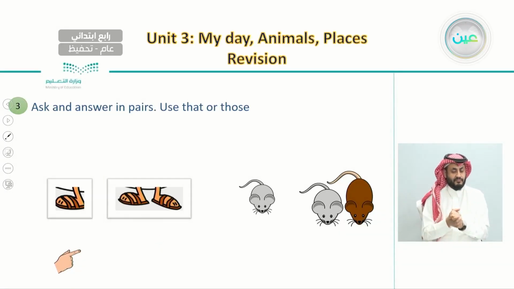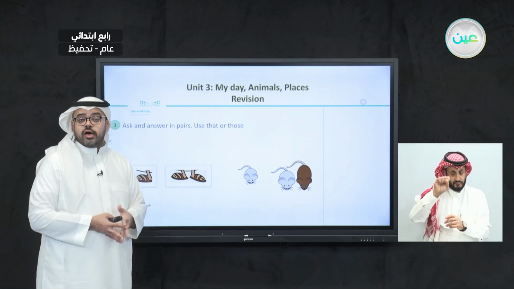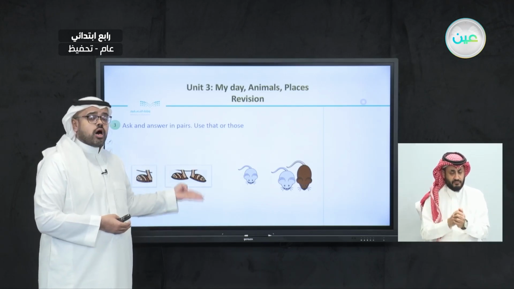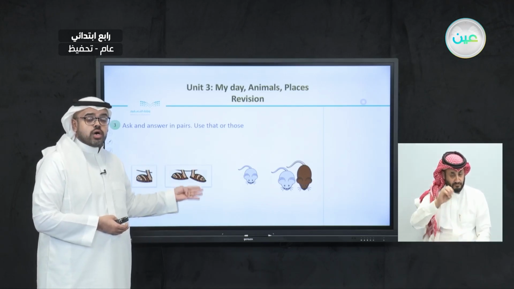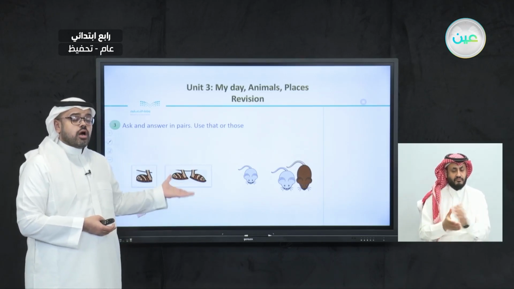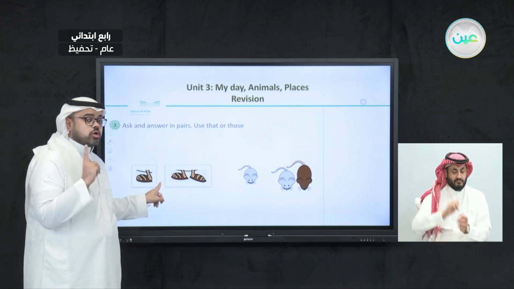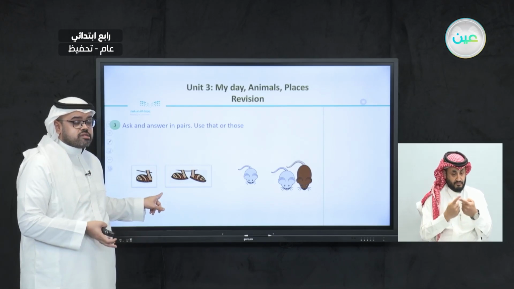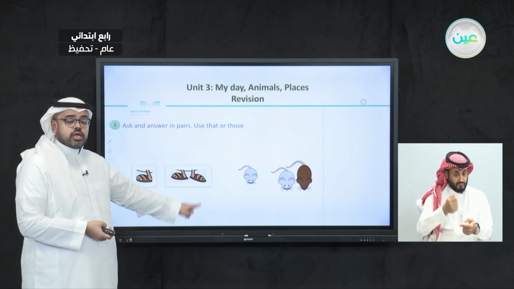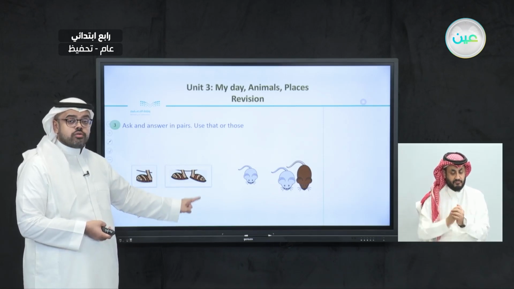But what about the second one? What is the question we use here? Here we should use those. We should ask, what are those? And the answer will be, they are feet. So here I'm talking about 1 foot, this is why I say, what's that? And here I'm asking about 2, and I said, what are those?